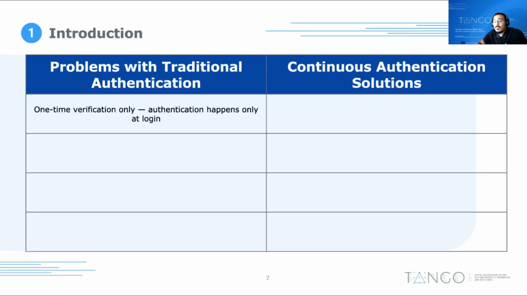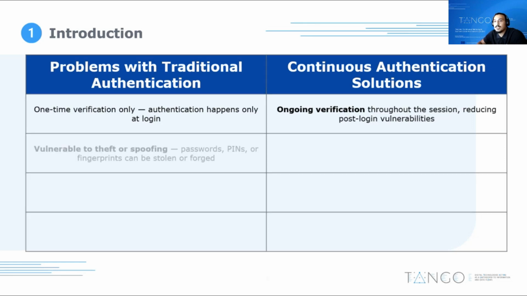The first and most important is that current traditional authentication methods verify the users only once at the login, and they don't check if anything is suspicious after the users are logged in and authenticated, while continuous authentication keeps monitoring the entire device session continuously, in order to check for post-login deviations that may occur in the device behavior.